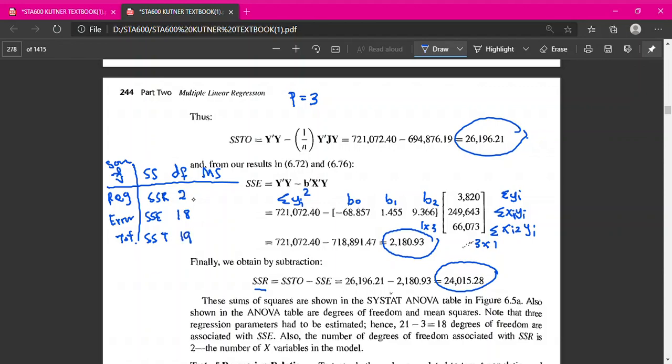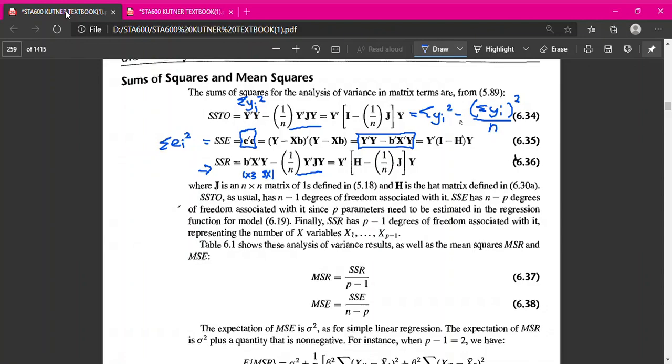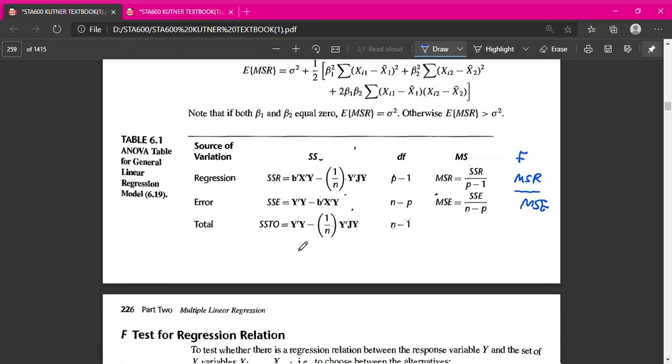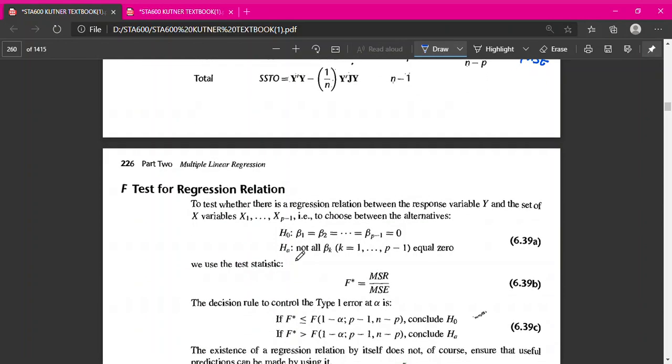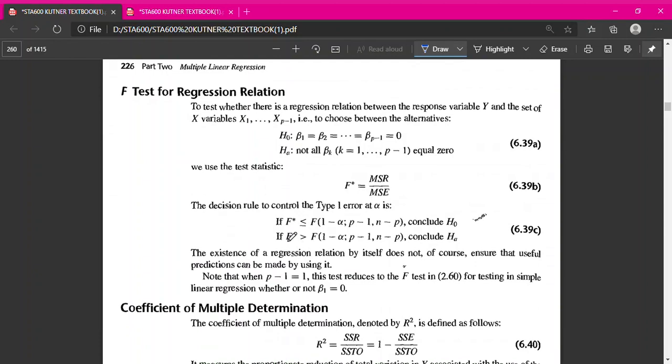So MS here adalah MSR dan juga MSE, which is the SSR divide dengan 2, you akan dapat MSR. SSE divide dengan 18, you akan dapat MSE. Okay, so that is your ANOVA table. Okay, and then we can use this ANOVA table to find the F statistic, which is we need that value to test for the significance of our model.